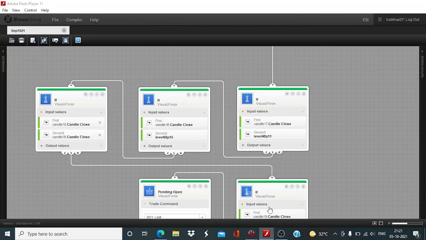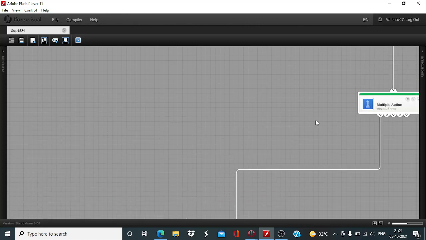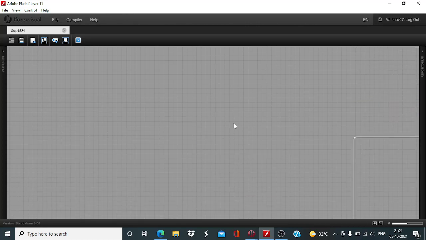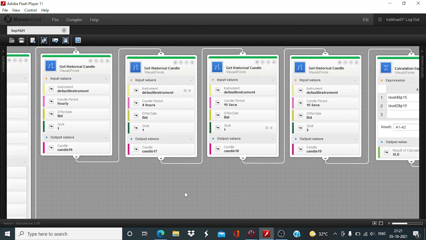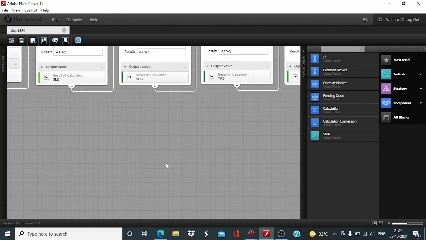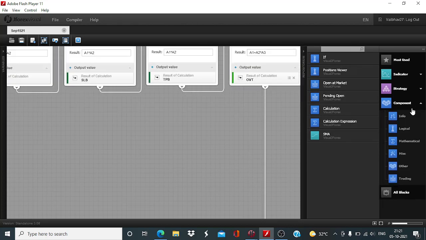So now we need to go back and add one more get historical candle with the look back period of 2, and using the if else statement, we will have to define the condition. So I will bring in one component, info component.